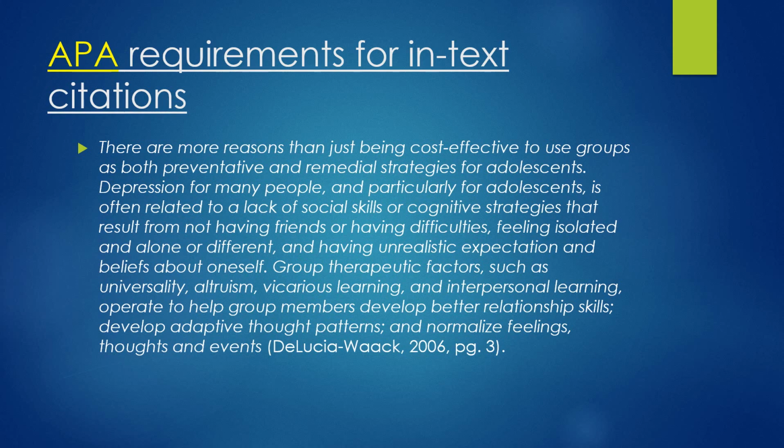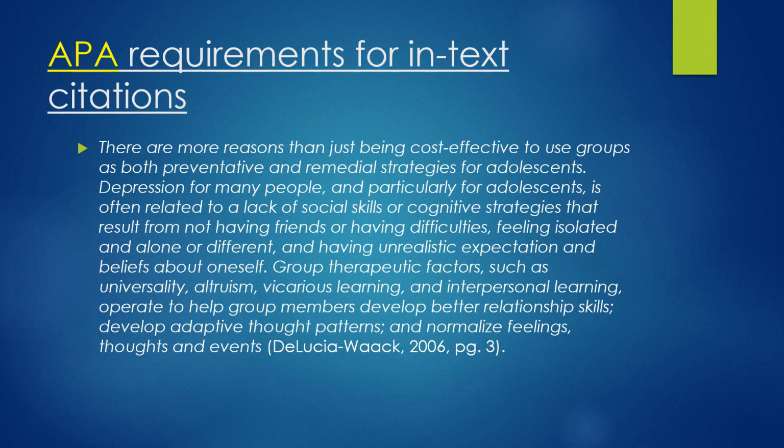So there are more reasons than just being cost effective to use groups as both preventative and remedial strategies for adolescents. Depression for many people, and particularly for adolescents, is often related to a lack of social skills or cognitive strategies that result from not having friends or having difficulties feeling isolated and alone or different, and having unrealistic expectations and beliefs about oneself.